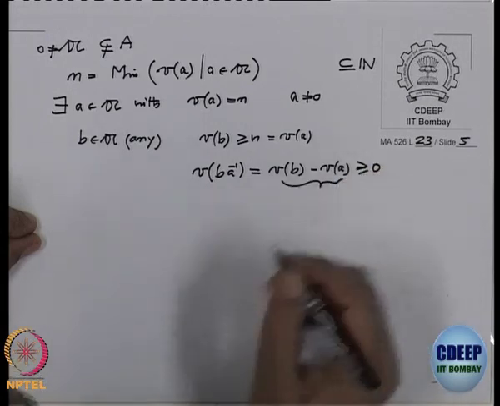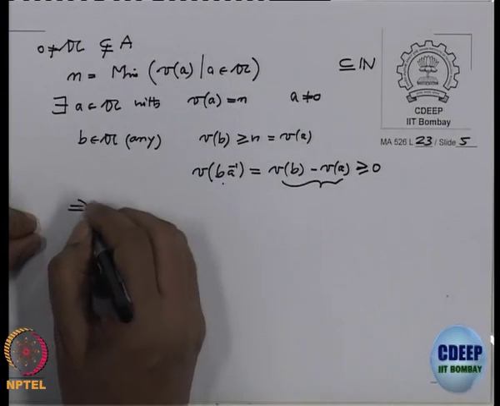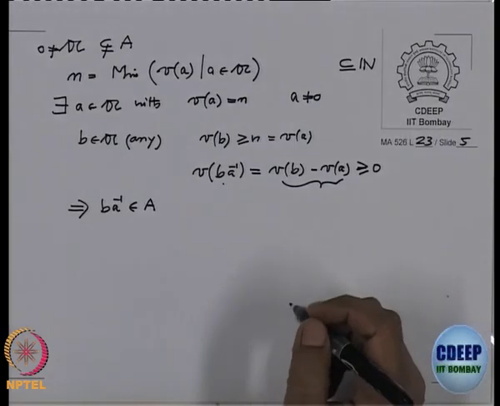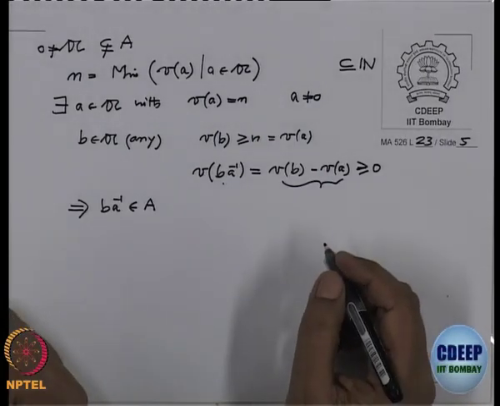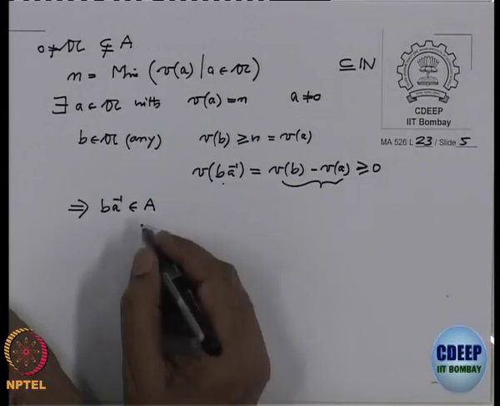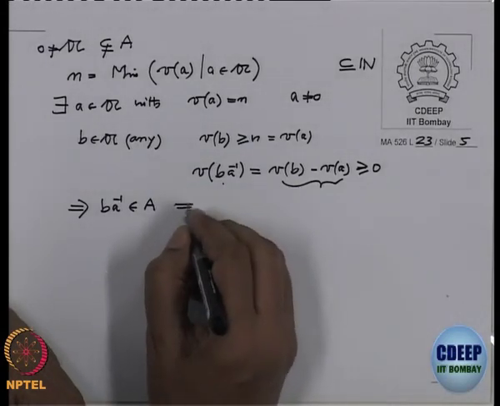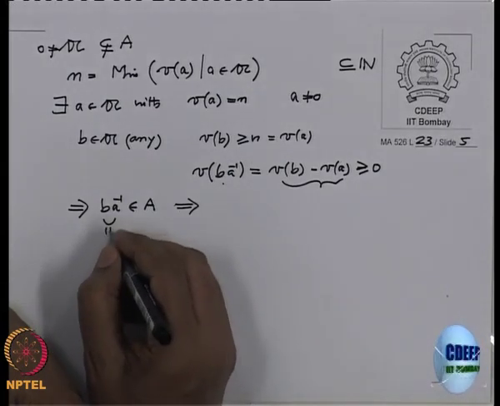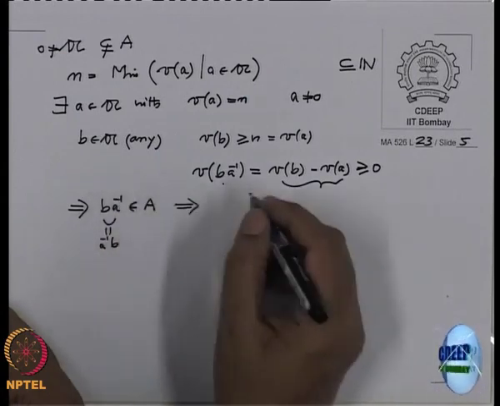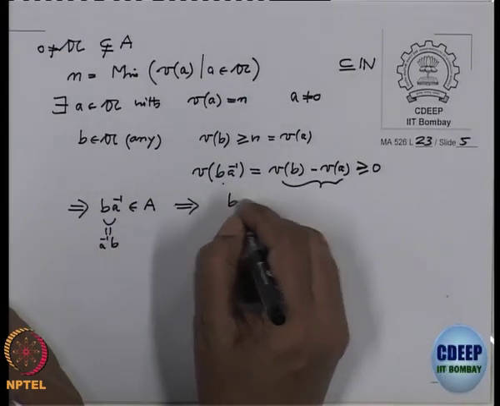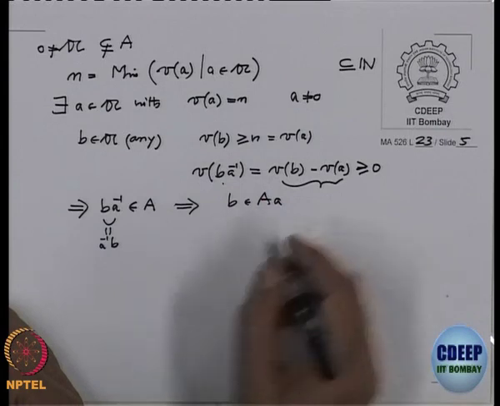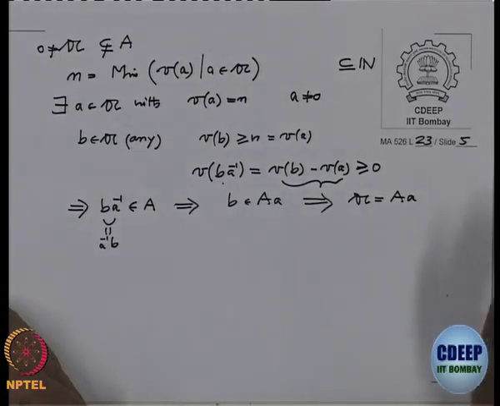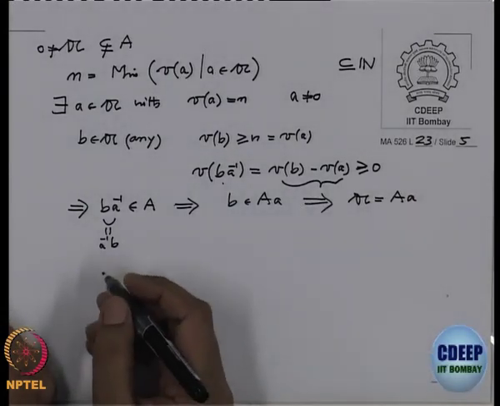This means b a inverse belongs to the discrete valuation ring given by V. So, b a inverse is in A. Now, multiply by a, so you will get b belongs to the ideal generated by a. So, altogether we have shown that 𝔞 is generated by a. So, 𝔞 is principal. Okay, now 2 implies 3.